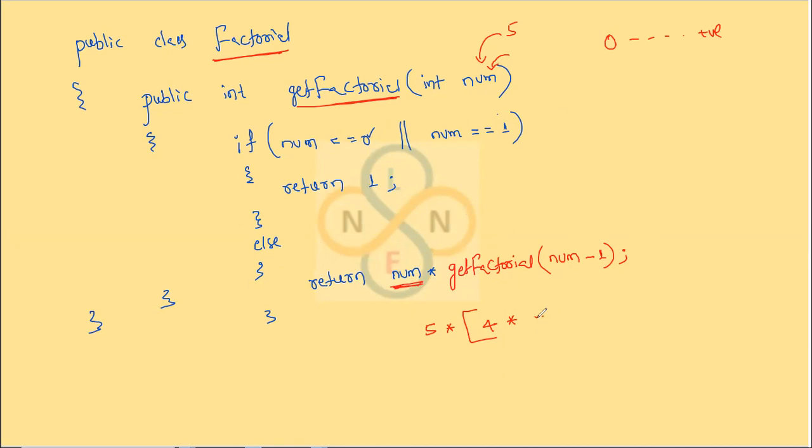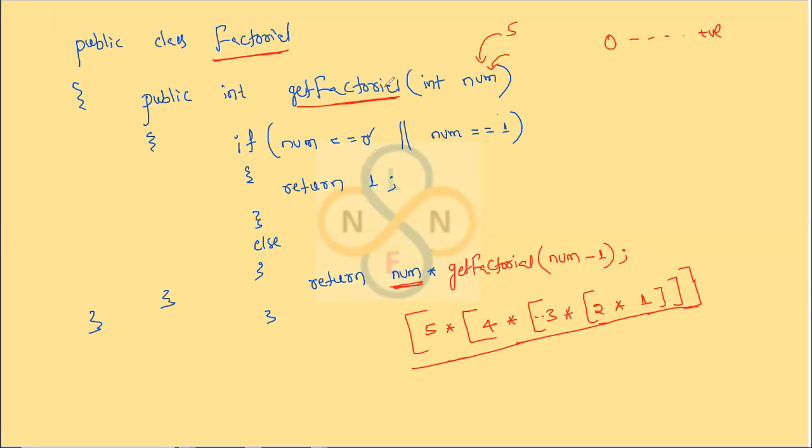Then the same process for 3, then the same process for 2. Once it reaches 1, it returns 1. Therefore, all these things will be multiplied together, and finally, from wherever this function is called, that function will have the entire value of 5 factorial. That's how it becomes a recursive function.